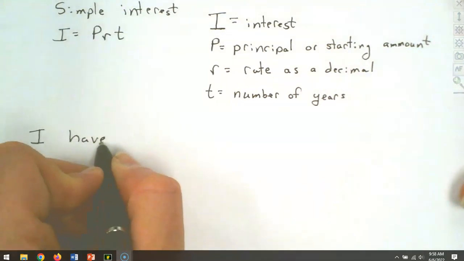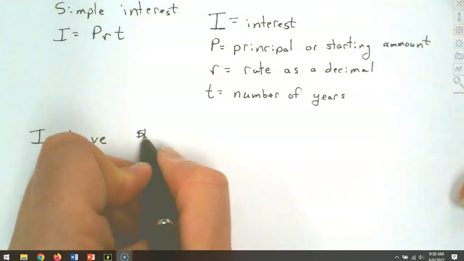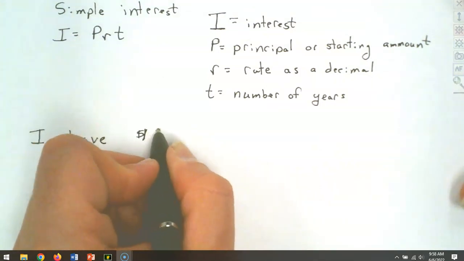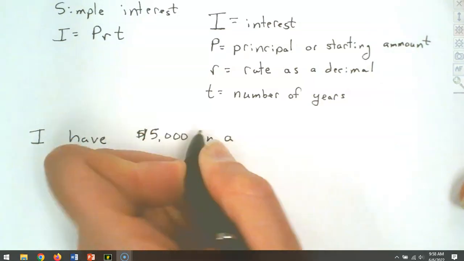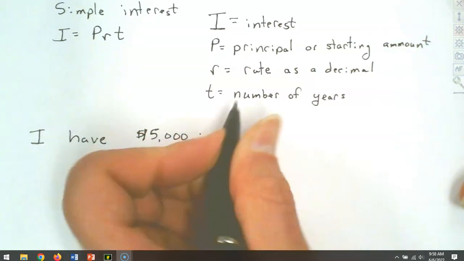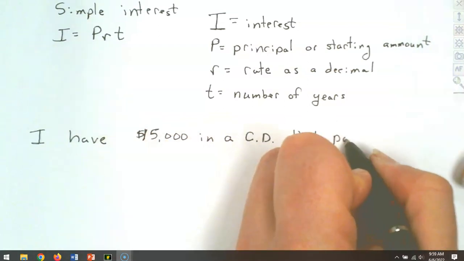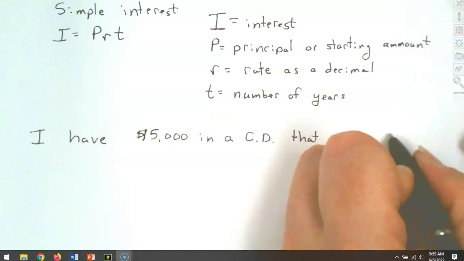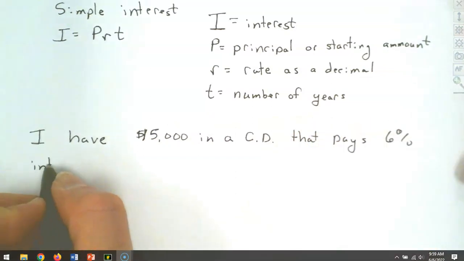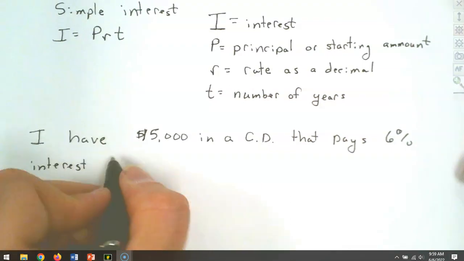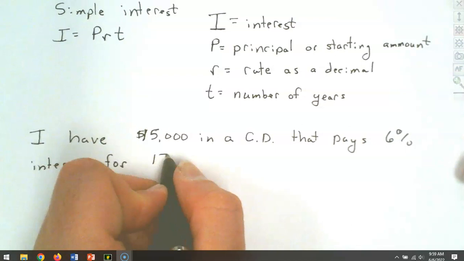So let's say I have $15,000 in a CD that pays 6% interest for 17 months.